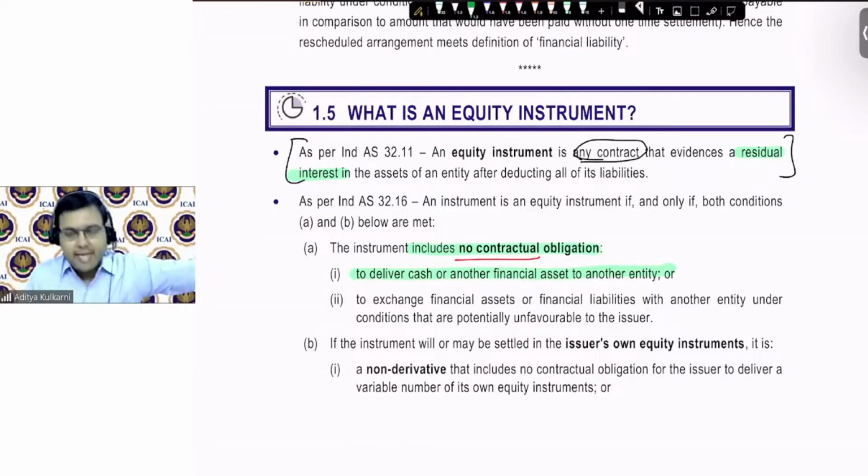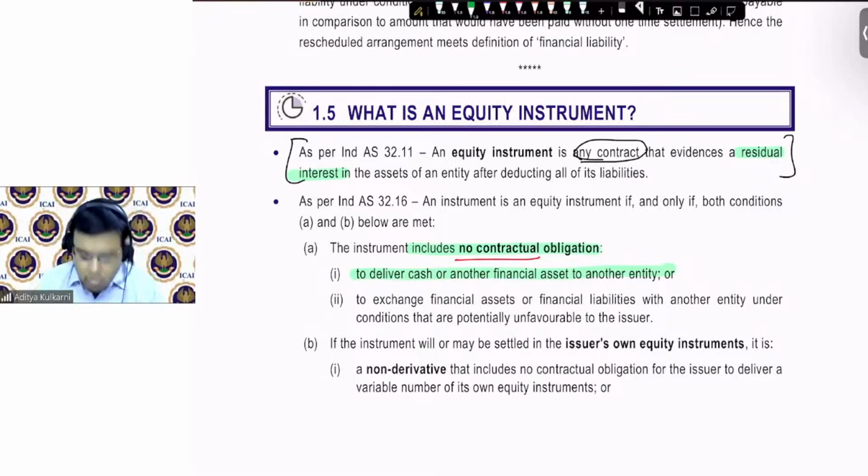In the financial asset and financial liability definitions, you will find that settlement happens other than fixed for fixed. Now, if that is the case, neither is it a financial asset nor a financial liability. Where is it going to come? It is going to come under the category of equity.